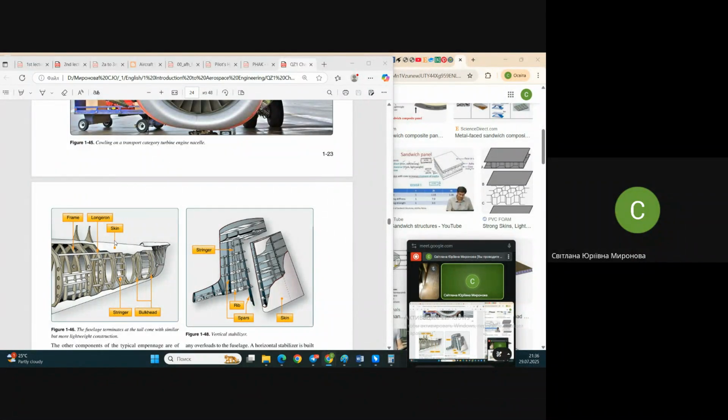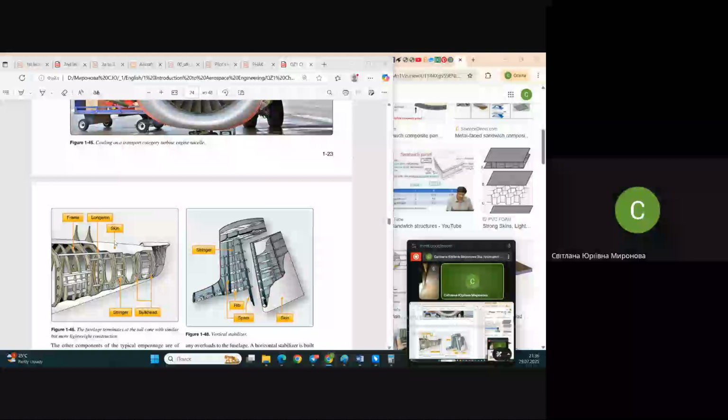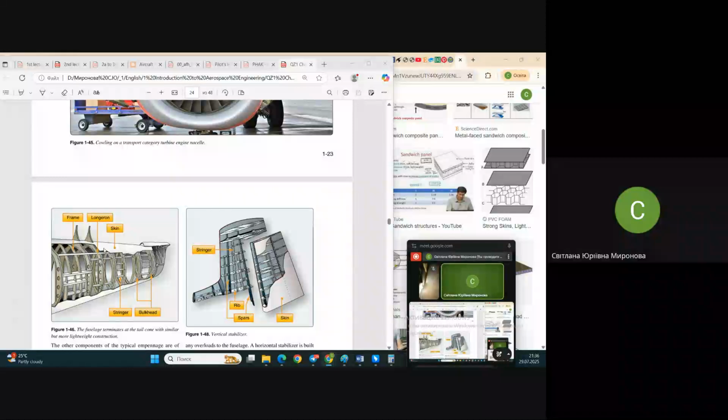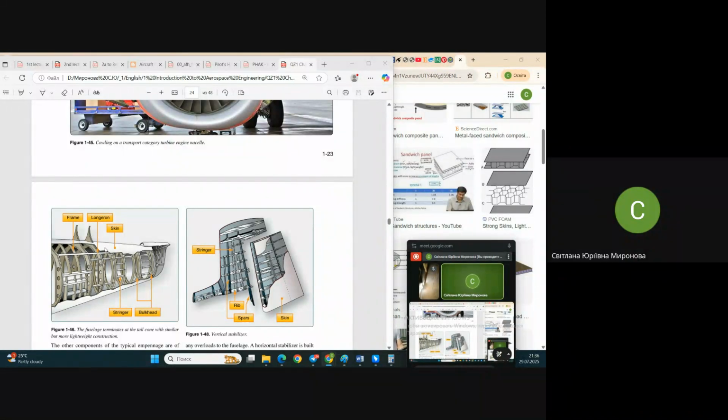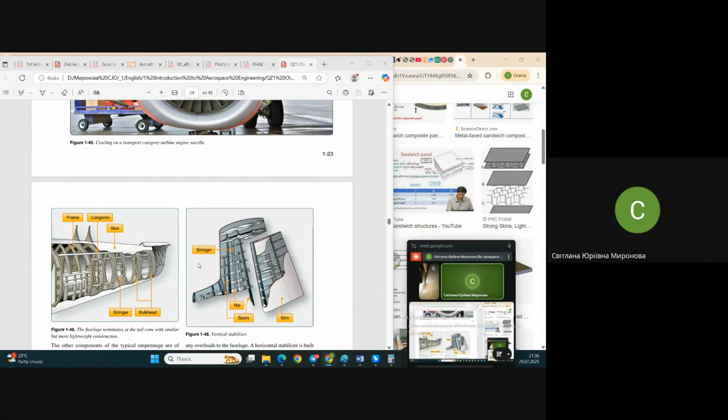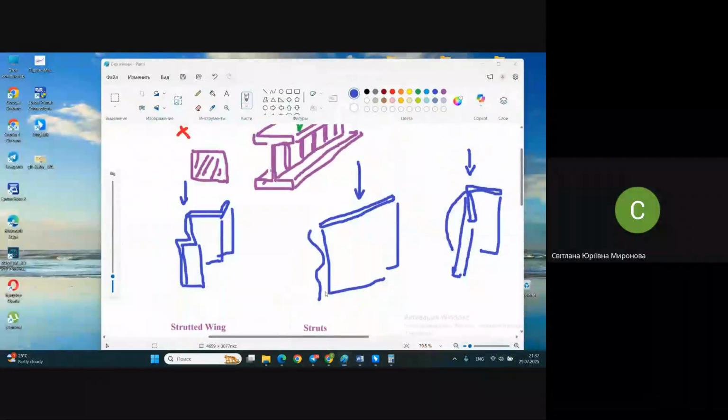In a heavily loaded place of the fuselage, it may be another type of scheme, the so-called longeron type of fuselage. In this case, it has frames and four longerons, or two longerons, depending on how many you need. For instance, you have a cut somewhere. I hope you remember what I showed.